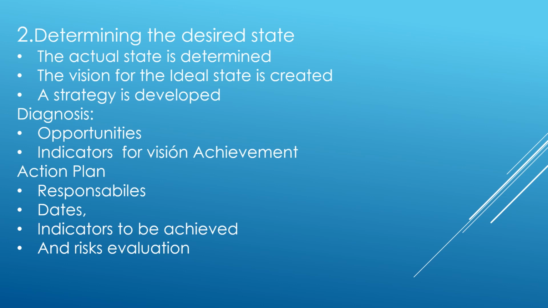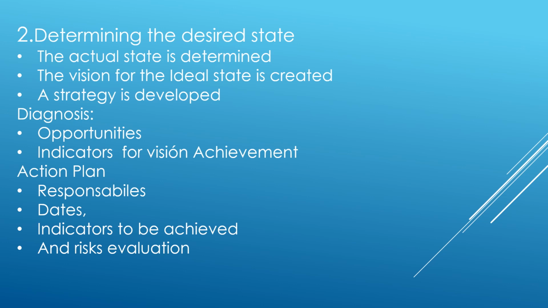You see where the company is and determine where you want the company to be. Then a strategy is developed based on these factors, based on where the company is and where it wants to go. You try to develop a strategy to take the company from point A to point B.